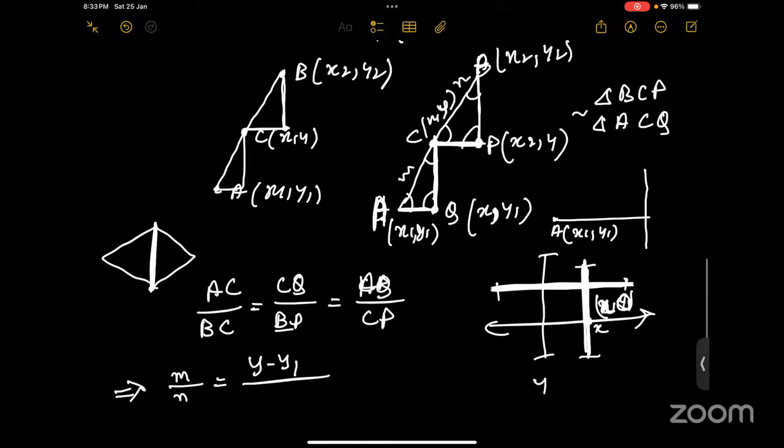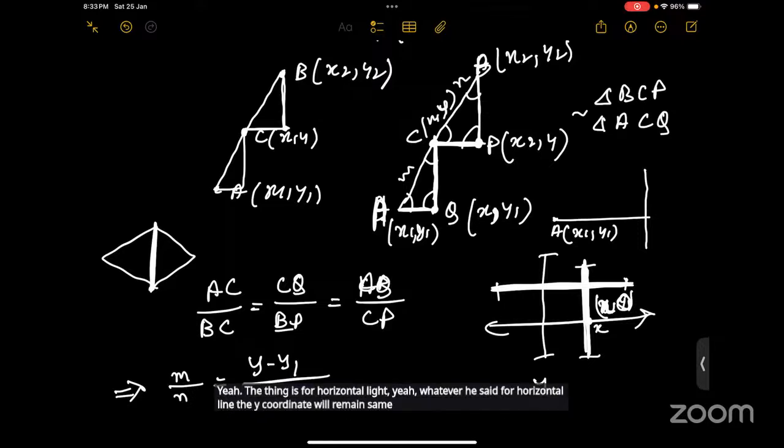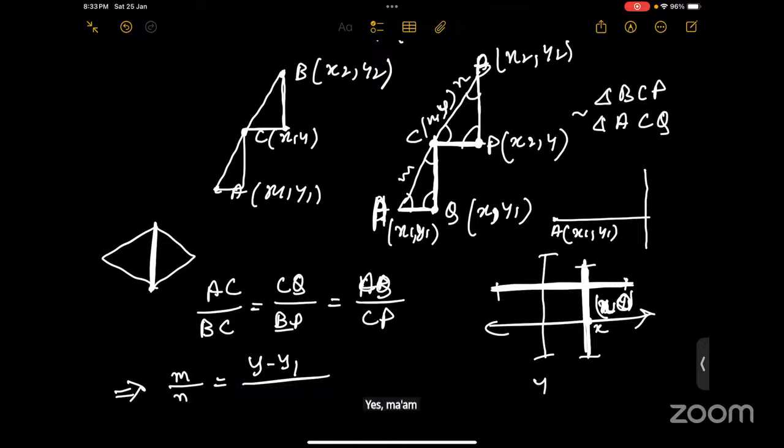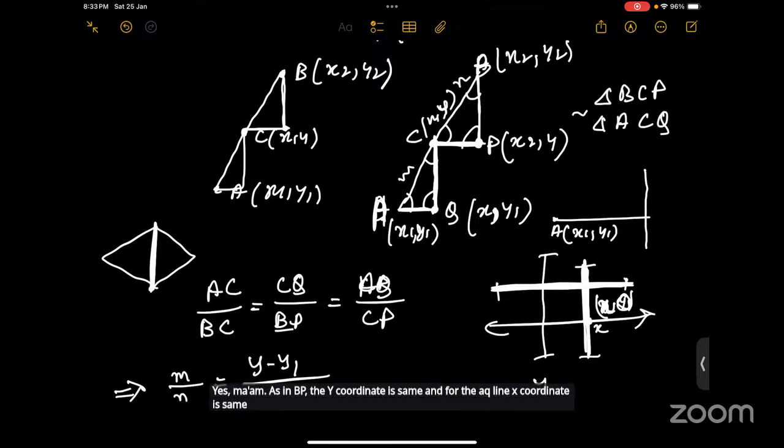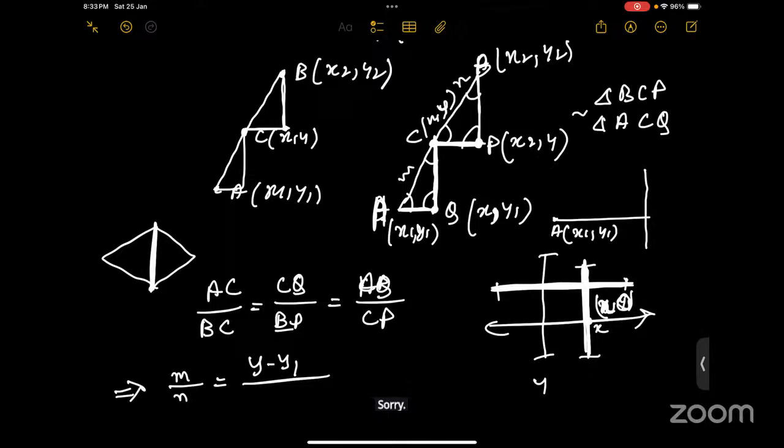For a horizontal line, the y coordinate will remain the same, and for a vertical line, the x coordinate will remain the same. Is it fine for all of you? Yes, ma'am. In BP, the y coordinate is the same, and for the AQ line, the x coordinate is the same. Sorry, yes, y1, like opposite, I said.